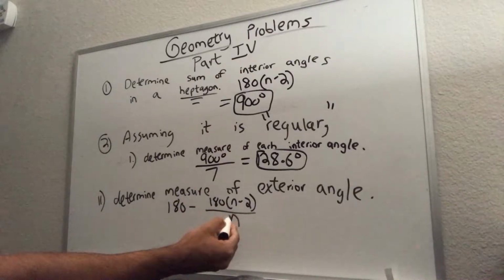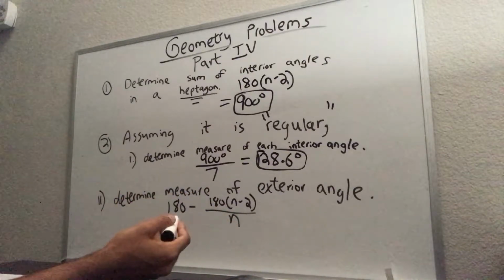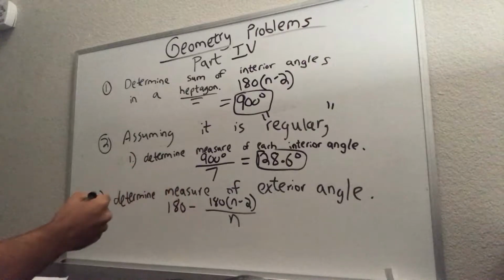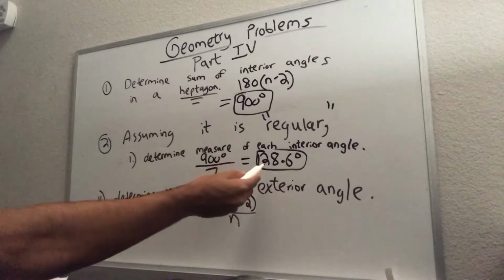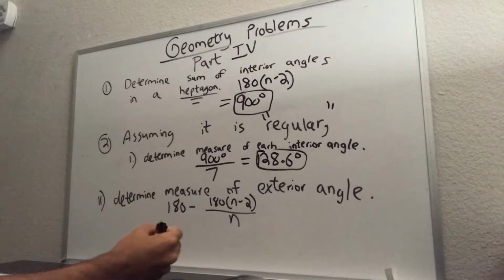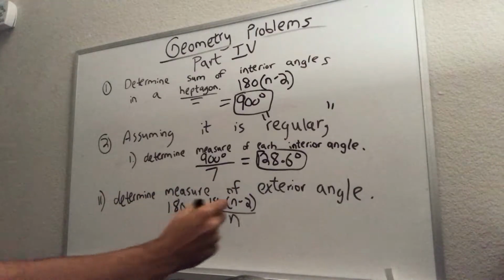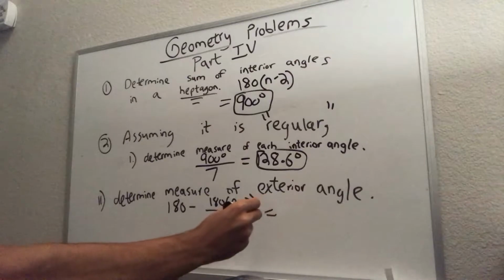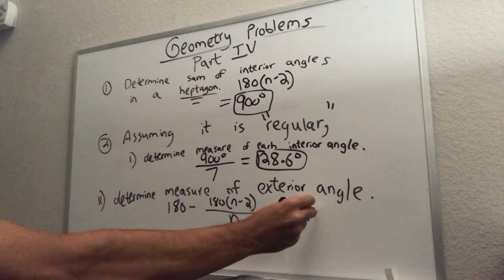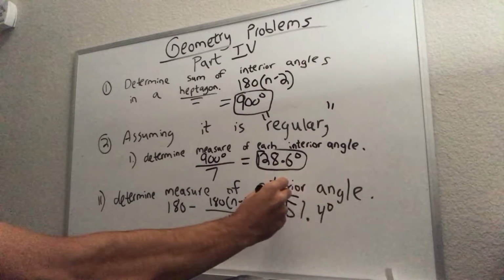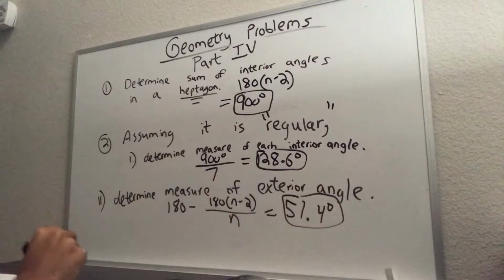Dividing that by n, we get the measure of each interior angle, and then subtracting that value from 180 degrees, we can determine the exterior angle. So in this case, if we subtract 128.6 from 180 degrees, we see that the measure of the exterior angle is 51.4 degrees.